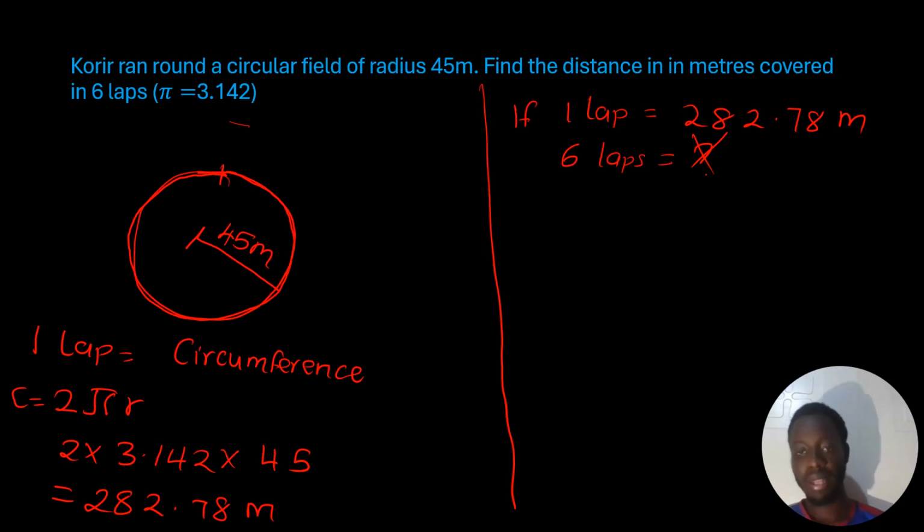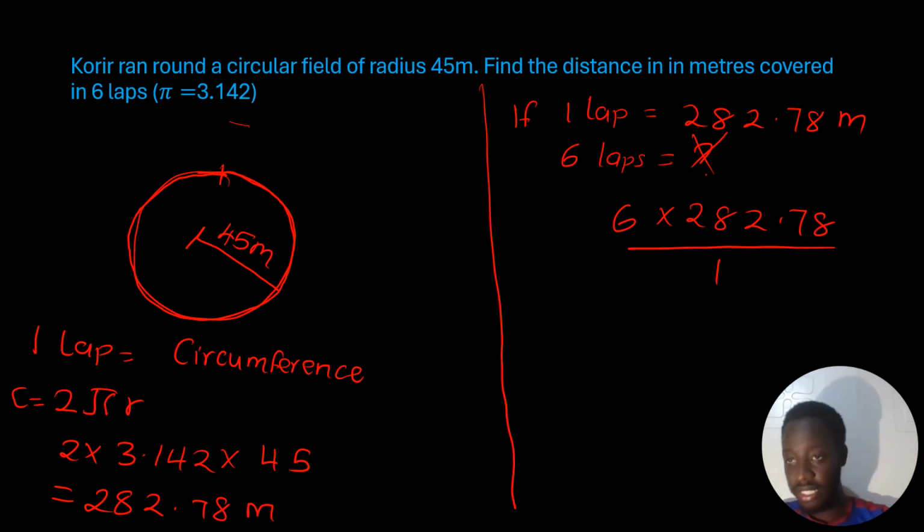So let's cross multiply. So we have 6 times 282.78 over 1. So we have 6 times 282.78 divided by 1, that is 1696.68 meters.